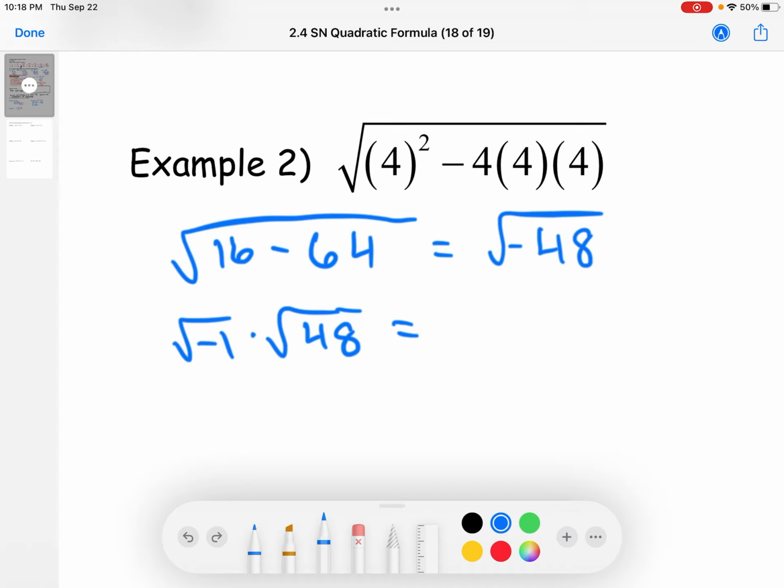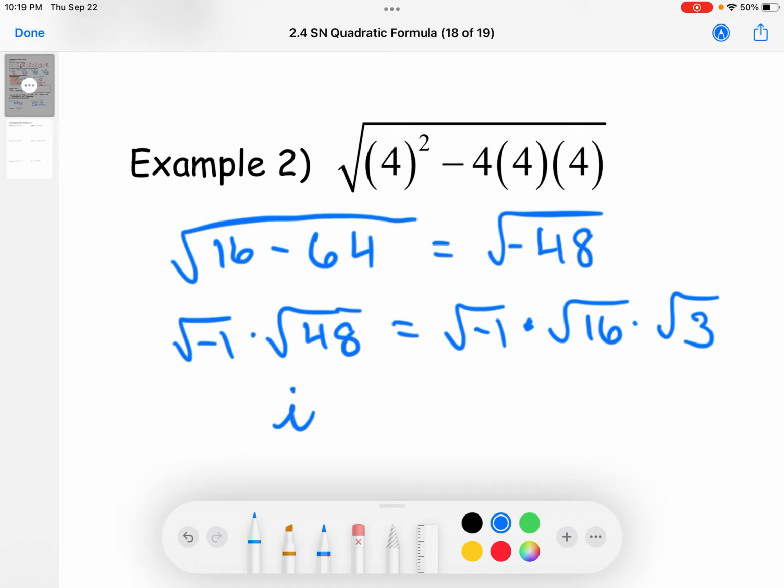We want to find the largest perfect square factor that divides into 48. So the square root of -1 stays. We break square root 48 into square root 16 times square root 3, 16 being the largest perfect square that is a factor of 48.